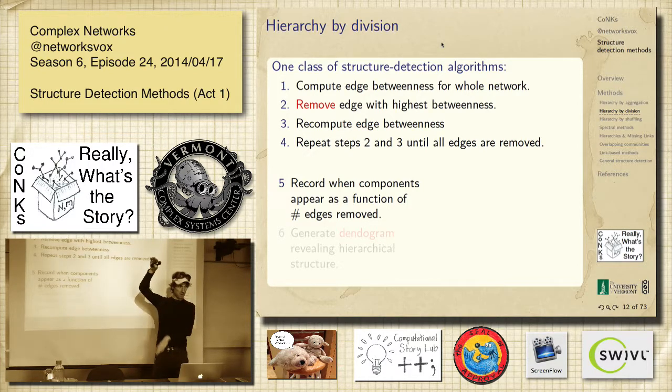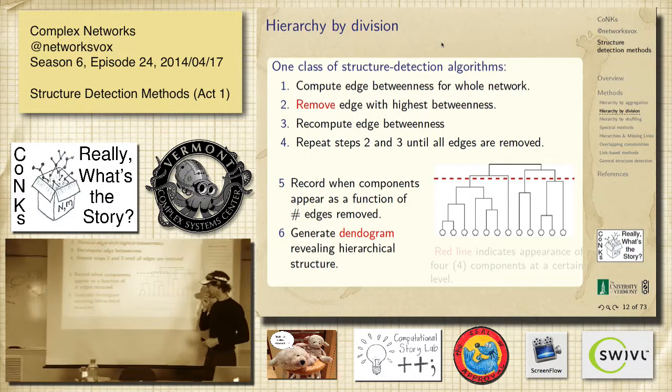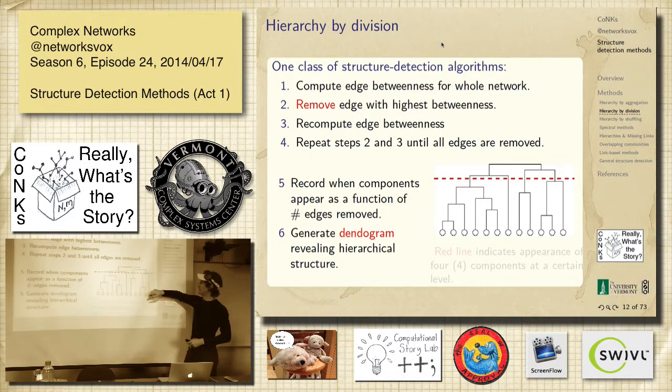It starts from 0, goes up to the total number of edges, and then you record at what point the thing splits into 2, because it will split into 2, and then 3, as one of those components splits into 2, and so on, and you'll get what's typically called a dendrogram. It'll have an index here, which is the number of edges removed, so it's just linear.